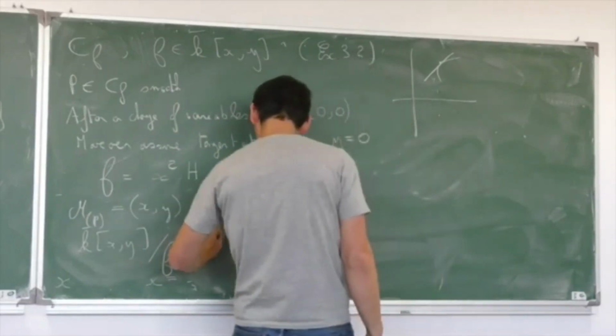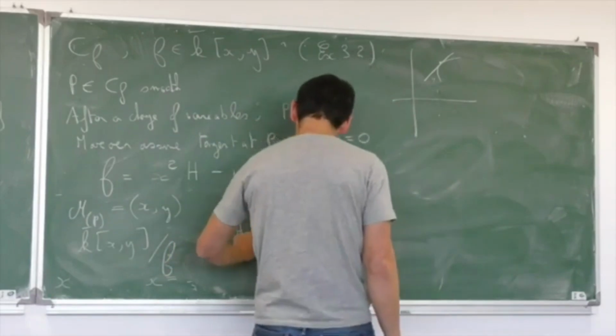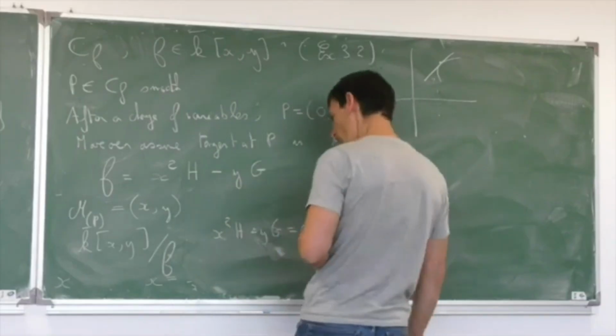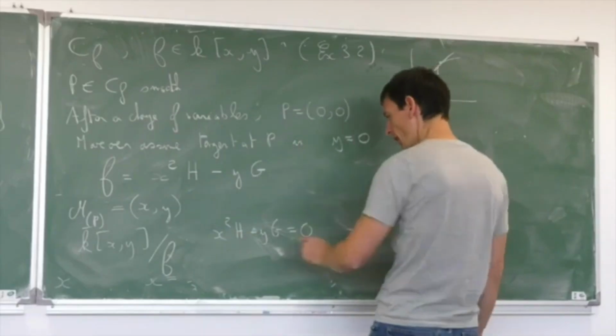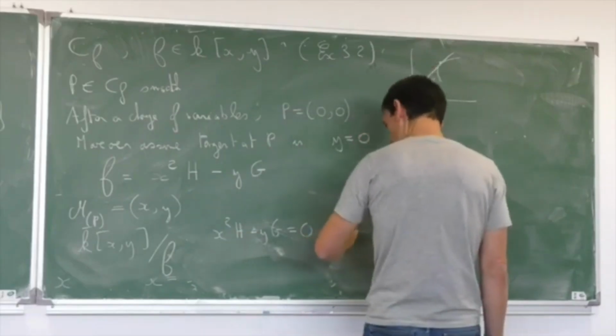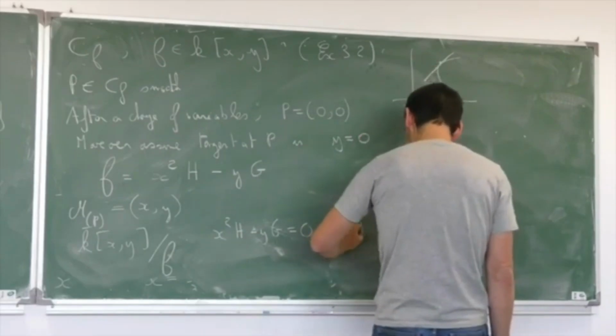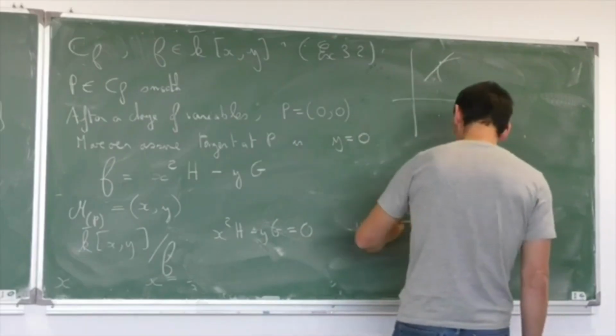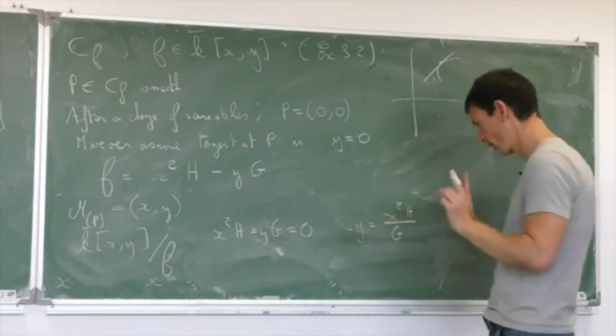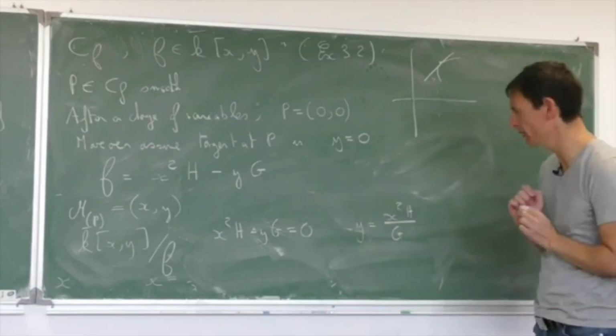Then I have x squared h minus yg, which is 0 inside this ring, which means that I can express y as x squared h over g, because now I'm inverting g.